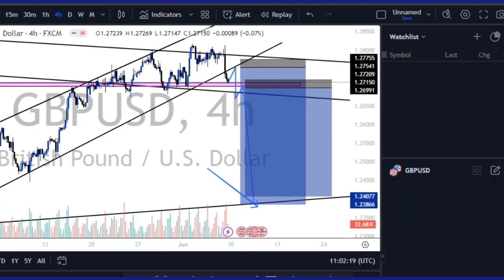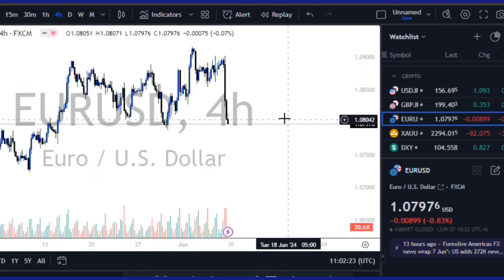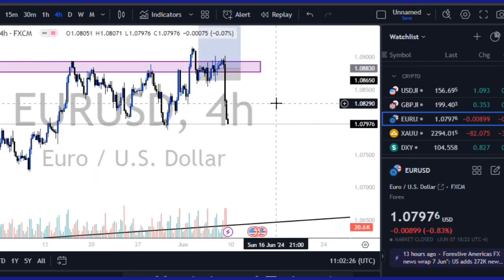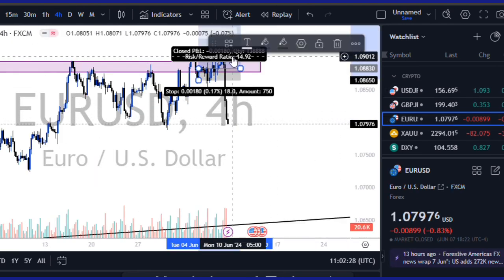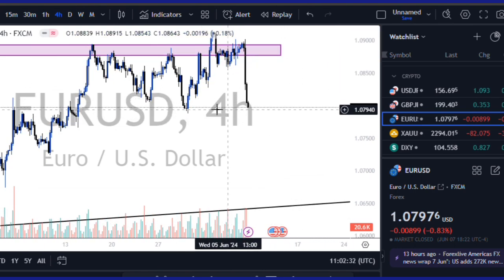Okay, I also trade Euro USD sometimes, but I don't like the pips that they are giving. Of course, on this one we also expect a push to the downside.